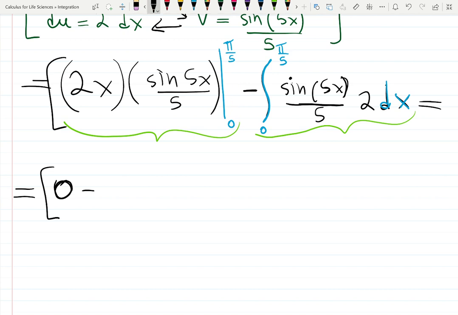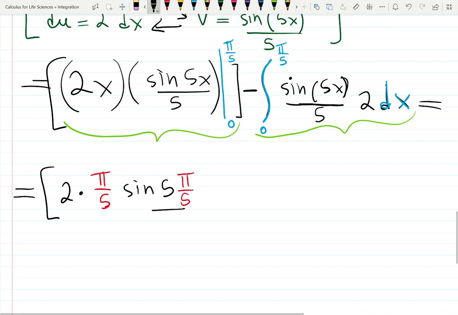Bigger brackets. 0 gives you 0, we plug the top first. 2 times pi over 5, sine, 5 times pi over 5, over 5, closed. That's plugging the top.